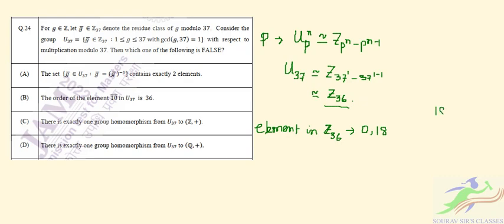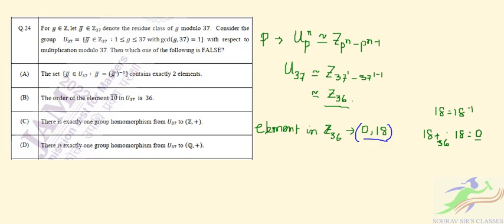You can see that 18 is equal to its inverse. If we use addition modulo 36, it will be 0, right? So in this Z36, only two elements are there, 0 and 18. We have to find the false one. So already option A is correct. This contains exactly two elements.